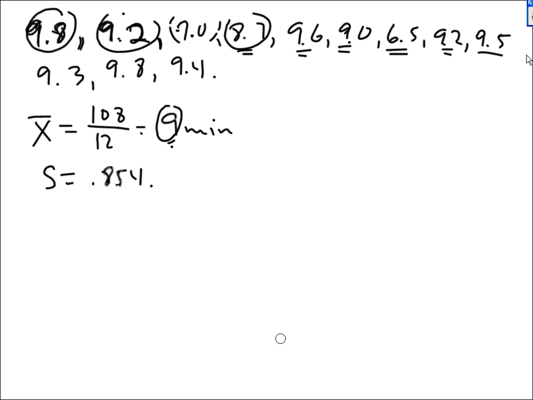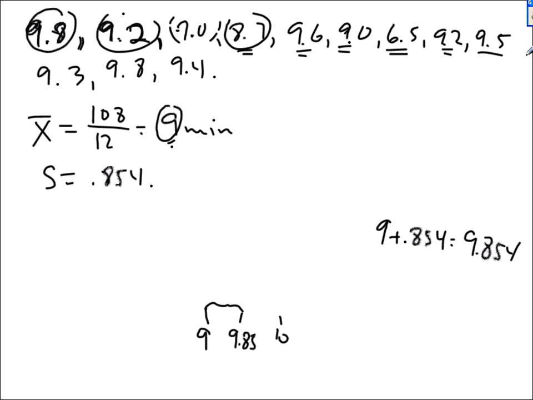Is it unusual to wait 10 minutes? Well, the mean is 9, and here is 10. If you go one standard deviation, you'll be at 9 plus 0.854, which is 9.854.